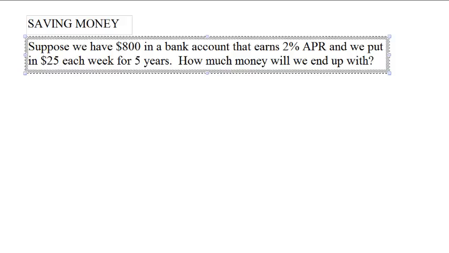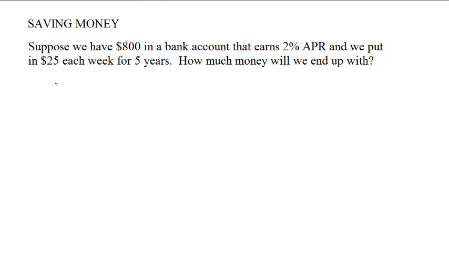So in this particular case, our n, the number of times we compound, the number of times we do things, is weekly. N is going to be 52 because we are doing things weekly. We're going to put $25 in each week for 5 years. So Y is 5 years.